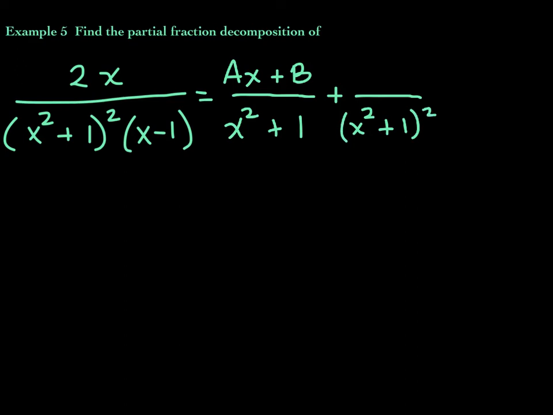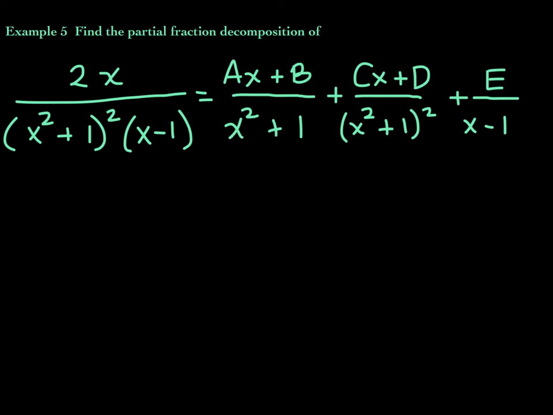Because that has a repeated quadratic factor, this also must be written as cx plus d. And then plus, now we're off to the linear factor, x minus 1. Going down your alphabet, A, B, C, D, let's call this E. These are written as linear numerators because you have quadratic factors. And here, because this is a linear factor, this is just a constant.